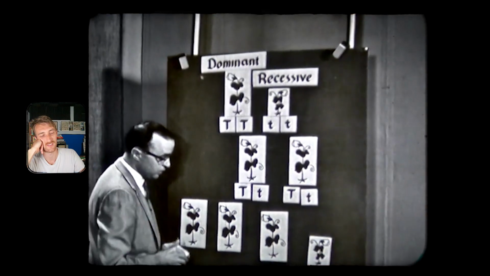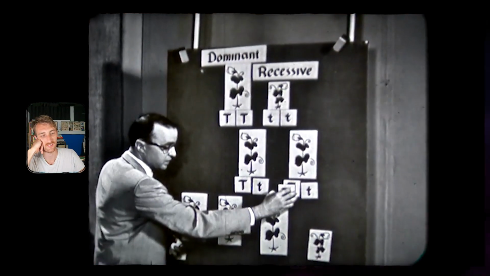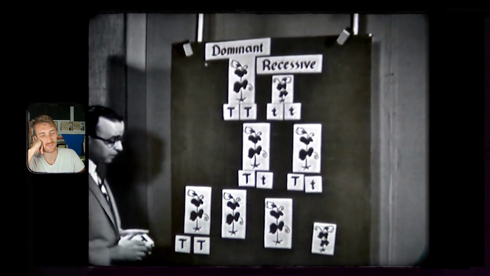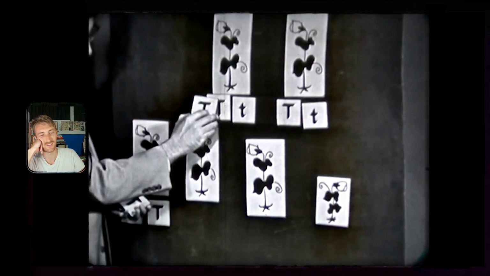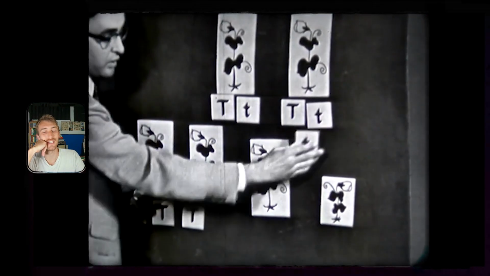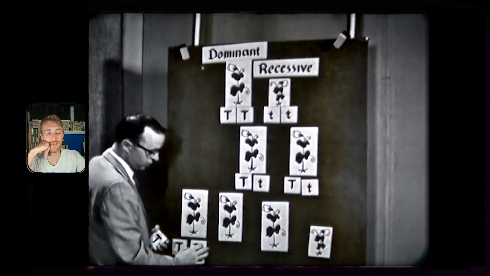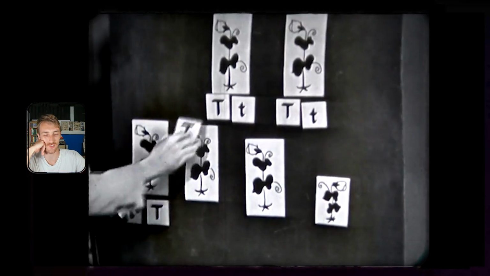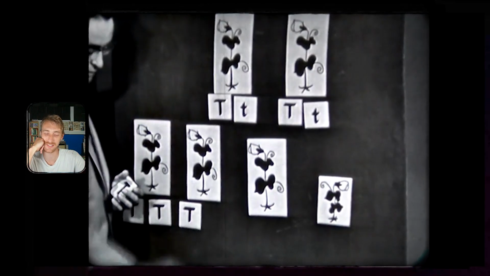This tall characteristic could combine with this tall characteristic to produce this kind of a plant. Or this tall characteristic could combine with this short characteristic to produce this plant. Yeah, again, we don't need to see this for every individual plant. We get the idea. Maybe school children in the 60s or 70s didn't, but I definitely understand.